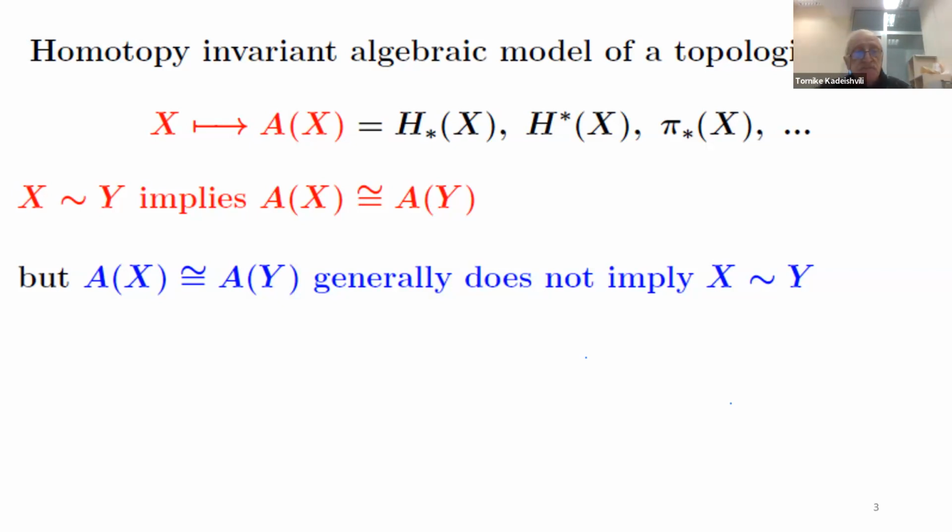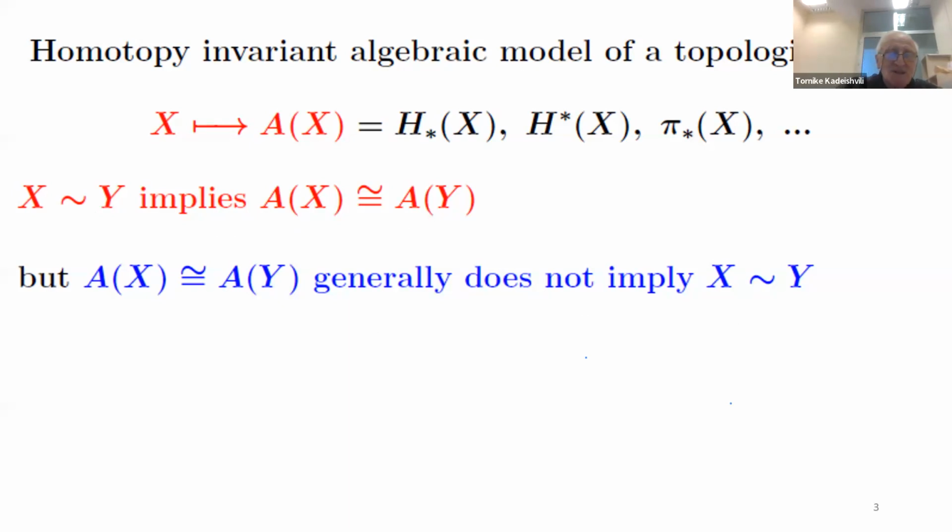But if models are isomorphic, it does not imply equivalence of the starting geometrical objects. A geometrical object is a complicated thing, and if you want to replace it with an easy algebraic object, you must pay.